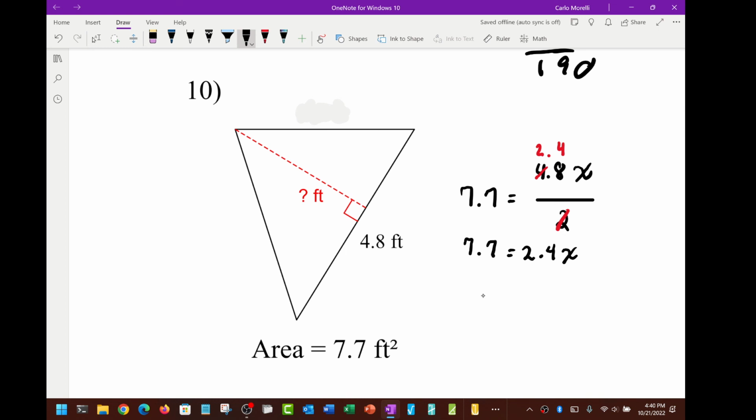And I'm going to do regular long division here, because we'd end up with some pretty big numbers if we did the other way. All right, so remember, folks, you can't divide 7.7 by 2.4, but you can divide 77 by 24.